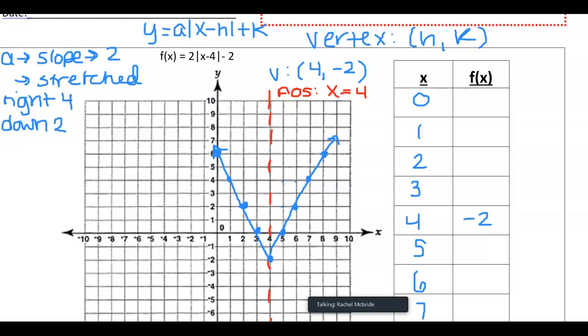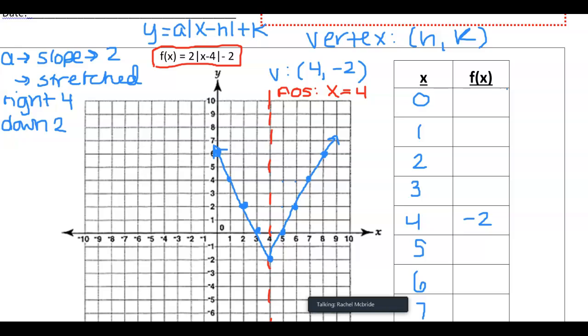Now you have 2 choices on how to fill in the f of x column. You can plug in 3 or 5 to the original function of f of x. So we're going to plug in each of those x values to our original function.